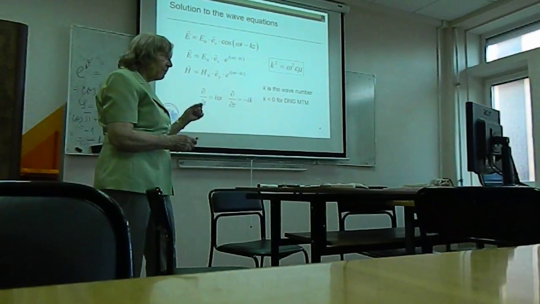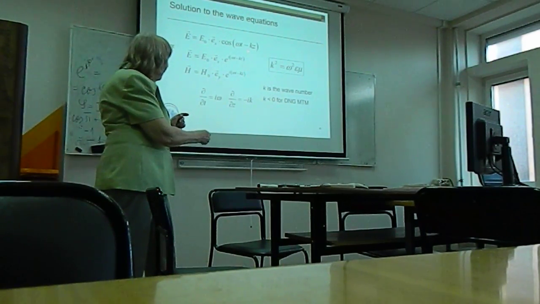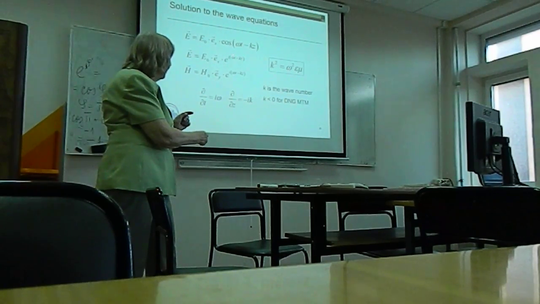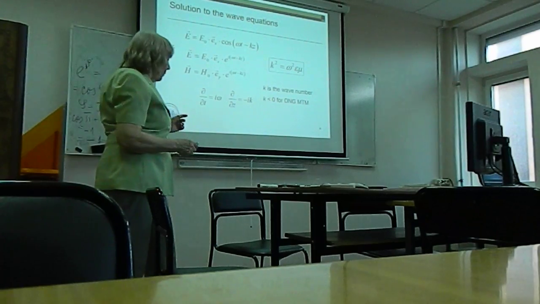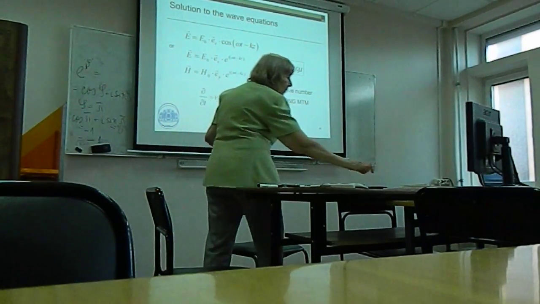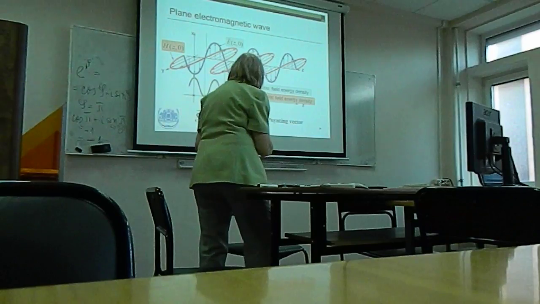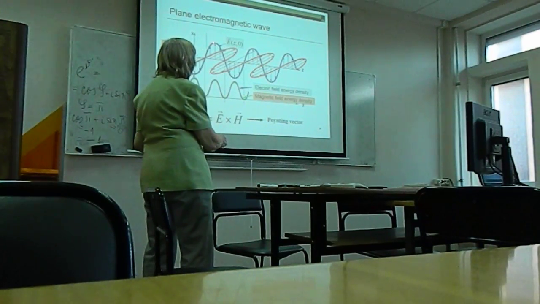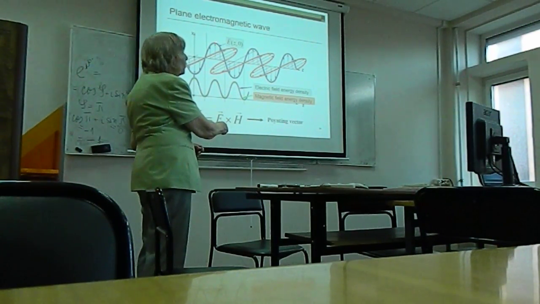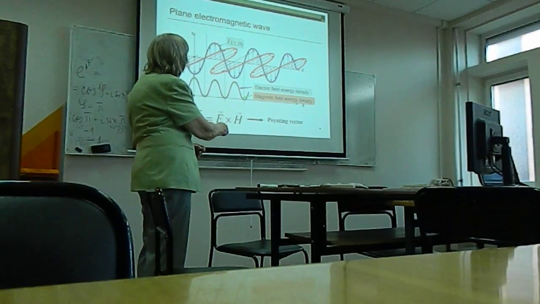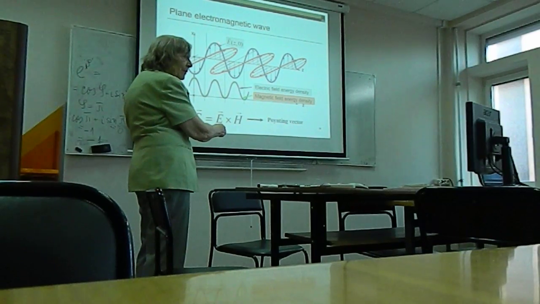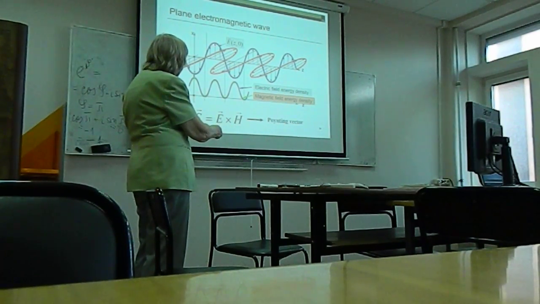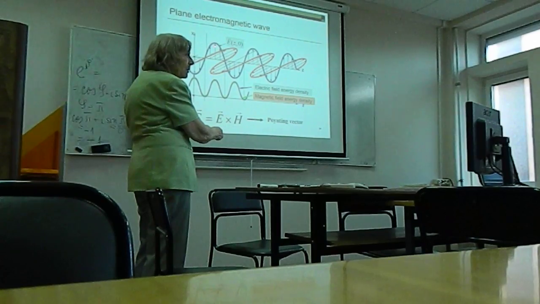Time is variable, coordinate Z is variable. Nevertheless, we keep this phase constant. So, what does it mean? For example, I have chosen this phase, which corresponds to the maximum. At the next period of time, it will be shifted.